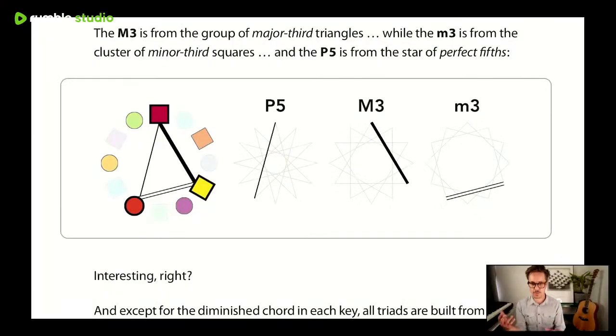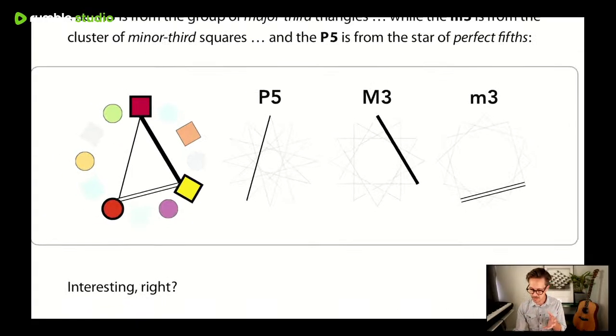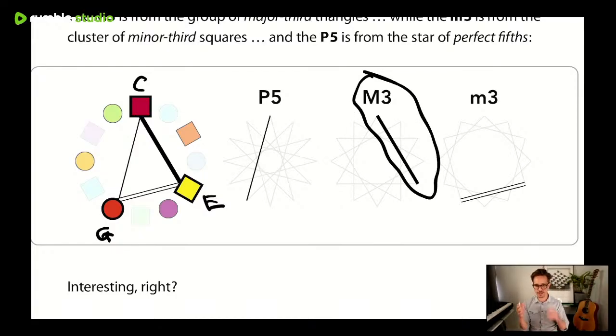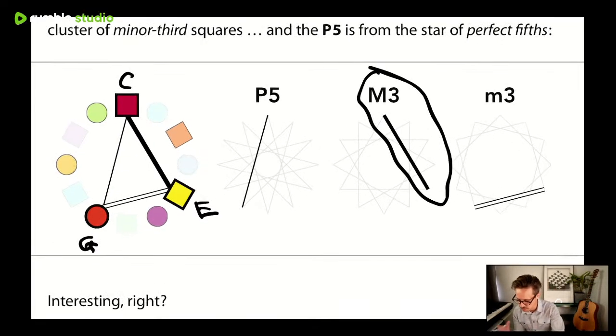So let me pull up Lesson 5, where I'm going to pick up where we left off on the last session, which is we can see this C major chord, for example. C, E, and G is made from notes C, E, and G. And between C and E is a major third, which is part of this geometric star of triangles, major thirds.